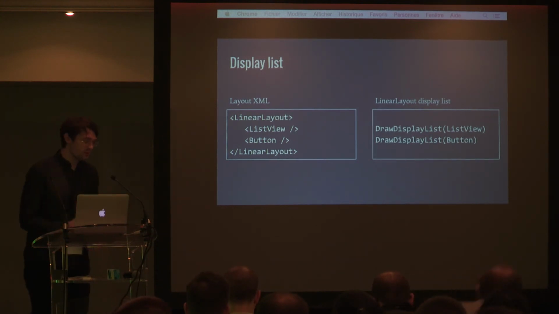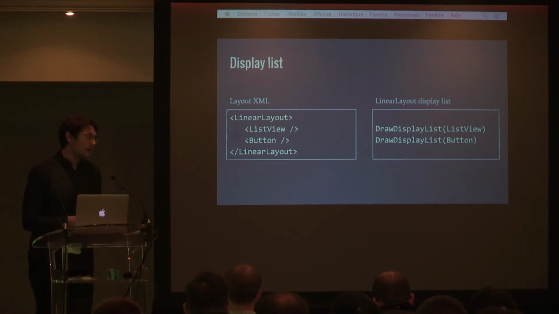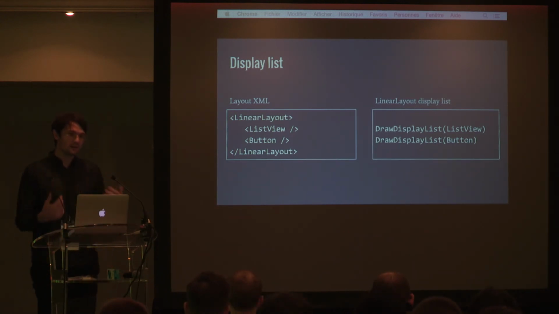So it just draws the list view, draws the button, and each of those lists contains operations like draw a line, or do a transformation on X and Y. So it's a list of operations that will be rendered later by the GPU.